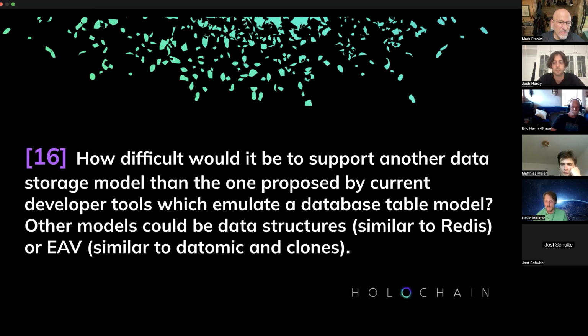On the client side, you can take the data from the Holochain instance and put it into another model, then point your client at that and basically treat it like a cache. Years ago I did something with DataScript, which is a JavaScript clone of Datomic, and it was relatively easy, actually.